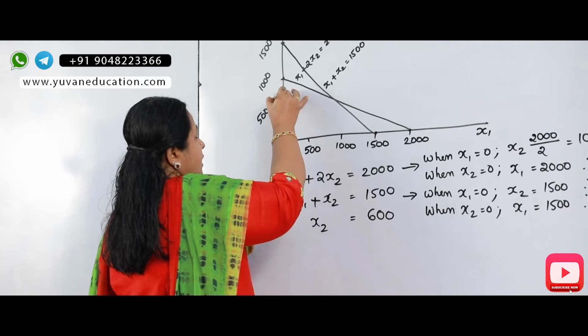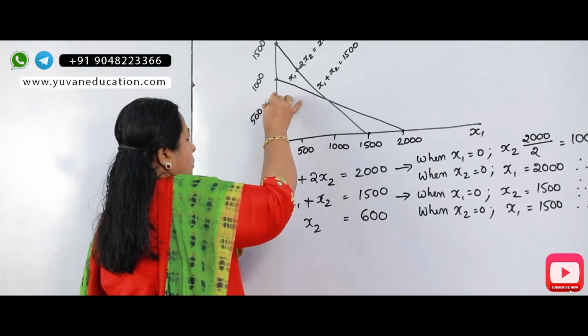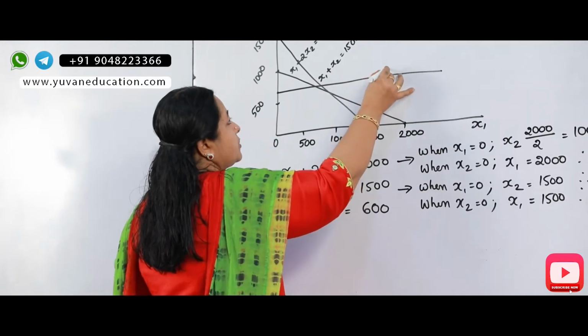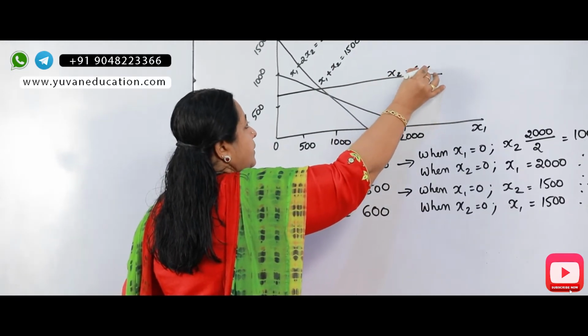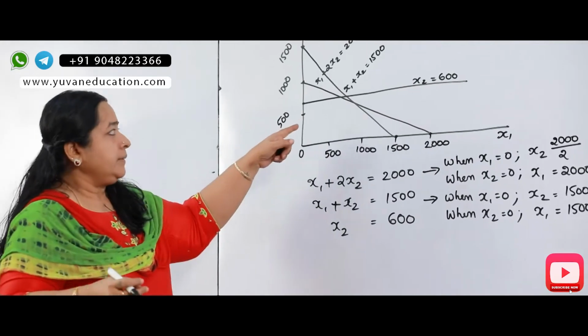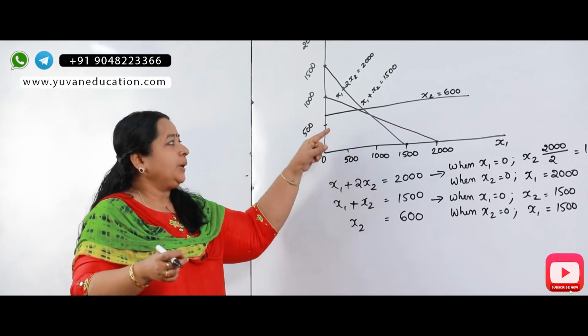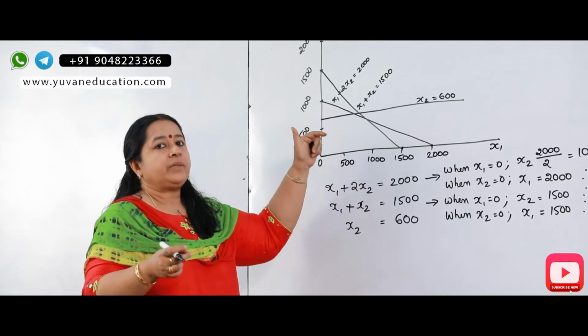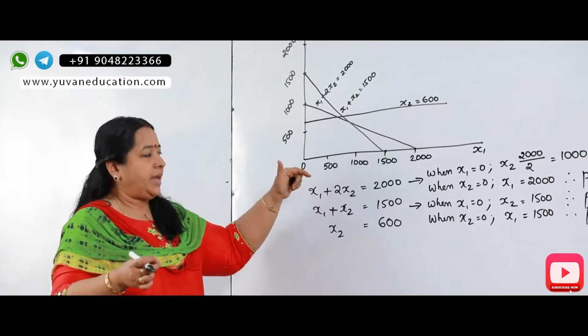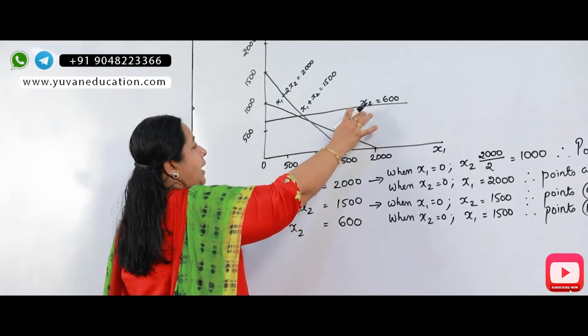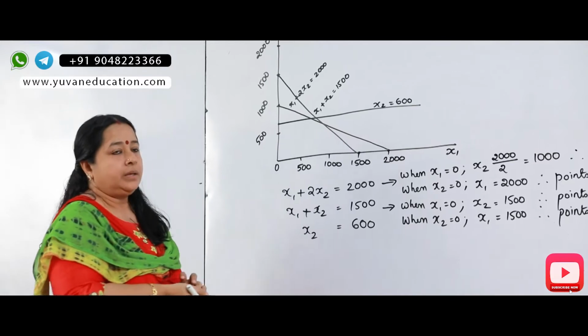So the middle point is 750. So here x2 600. You prepare this graph with the help of a scale, so correct points we can develop. This is the line x2 600.